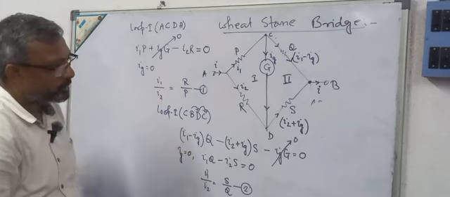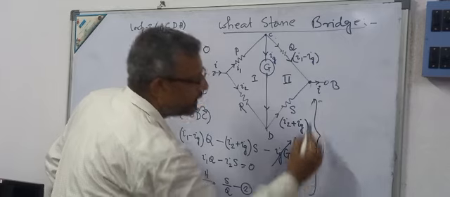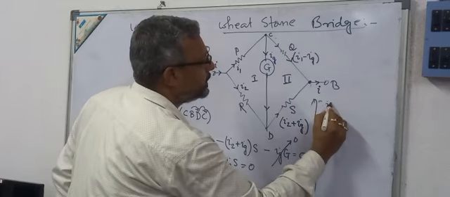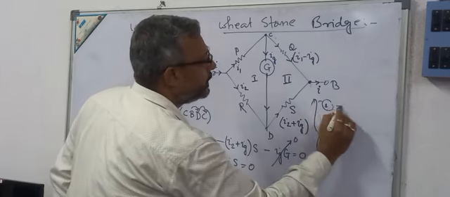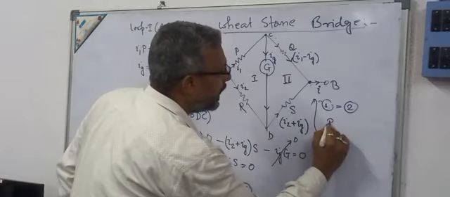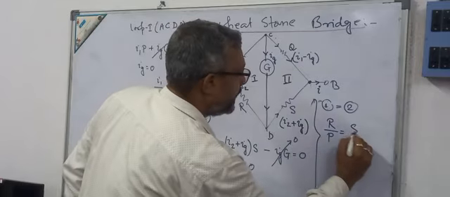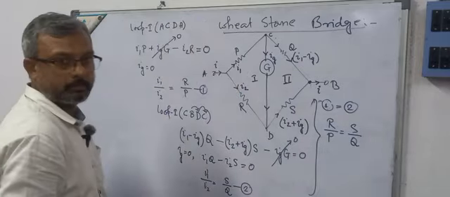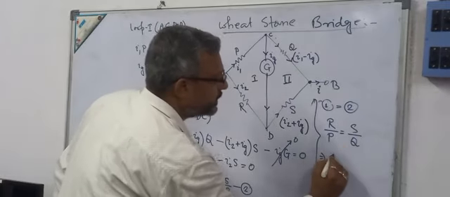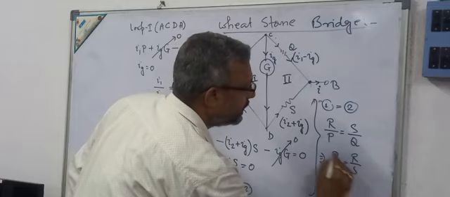If I equate equation 1 and equation 2, it becomes R by P is equal to S by Q. So you can write it as P by Q is equal to R by S.